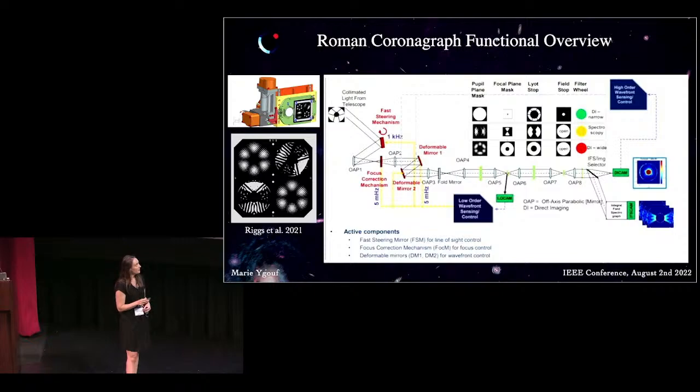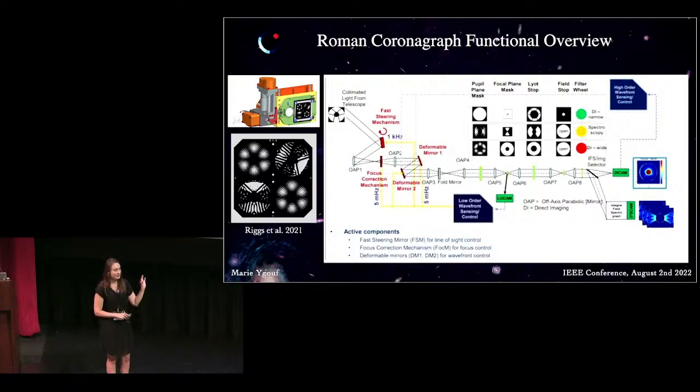And also you have on this instrument 2 different systems of adaptive optics, in one sense. First, the low order wavefront sensing and control, that uses a separate detector from the science detector, and that will probe for the jitter of the telescope and also defocus, to help with focus correction.